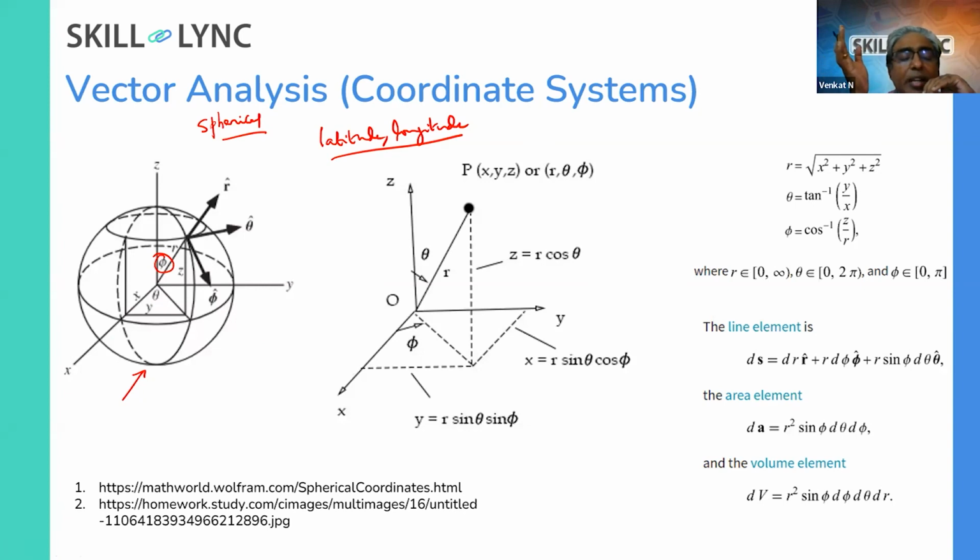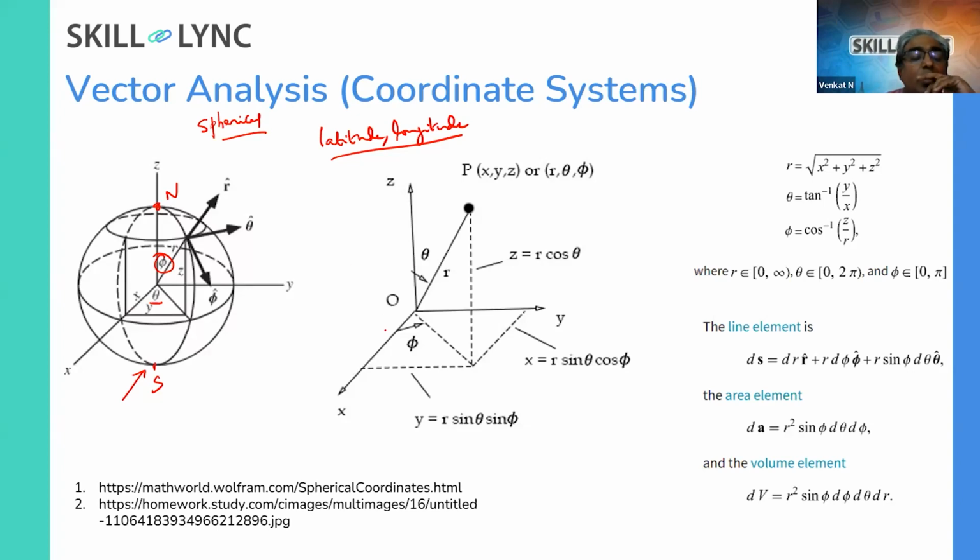At the poles, the latitude is 90 degrees. This is the North Pole. This is the South Pole. And at the equator, latitude is 0 degrees, obviously. Similarly, this theta is also called the azimuthal angle. Just remember it's like a longitude.